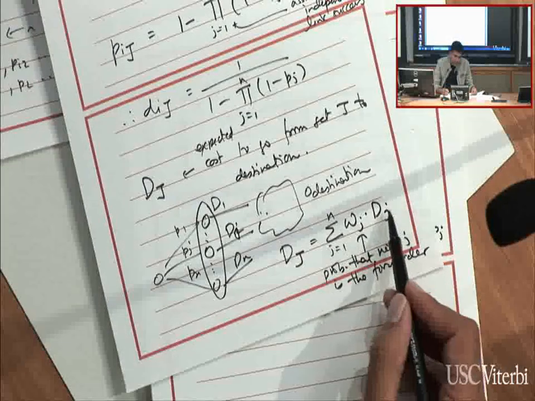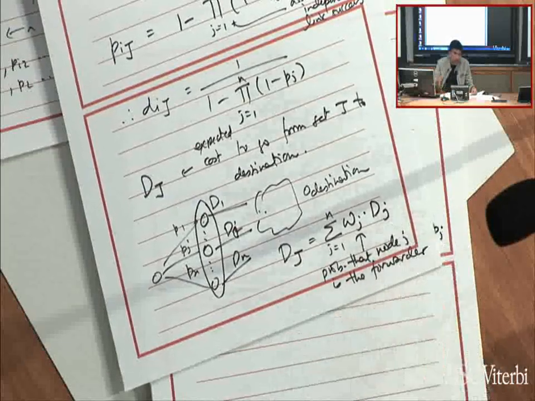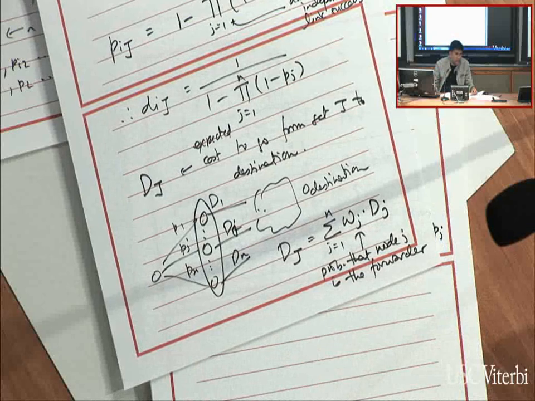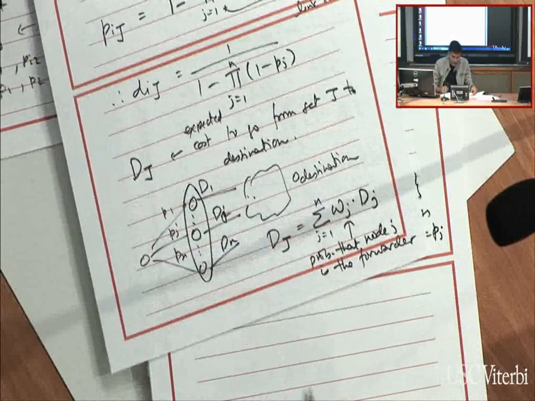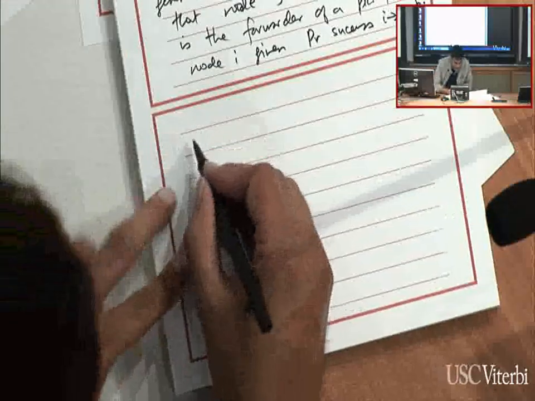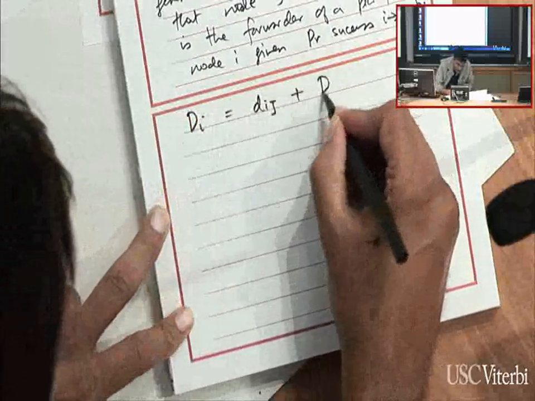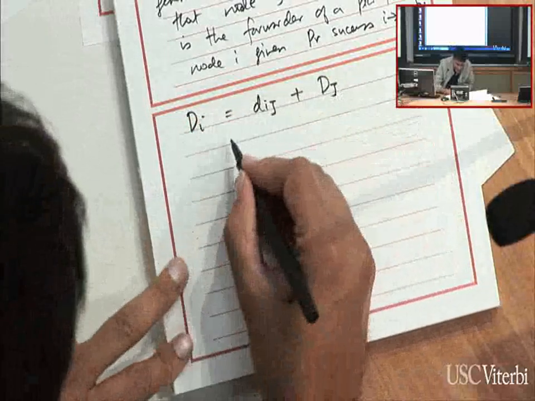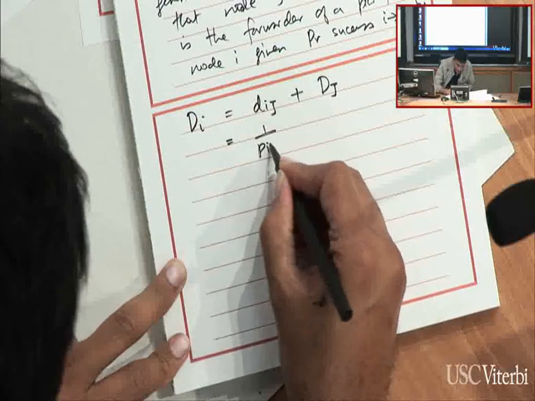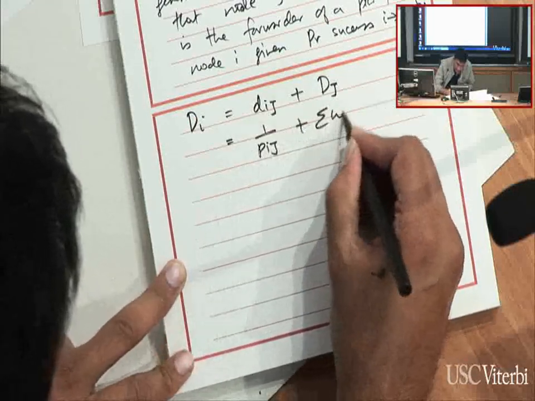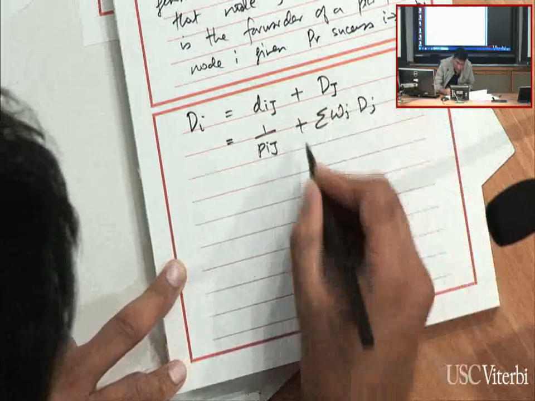So the capital D_j's were given to us. All of the P_1, P_2 are given to us. And given all of those, we can then compute our final answer as follows. So D_i equals D_iJ plus D_J, which is equal to 1 over P_iJ plus the summation of W_j D_j.